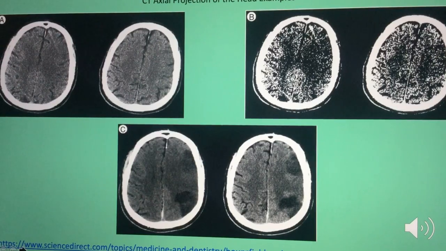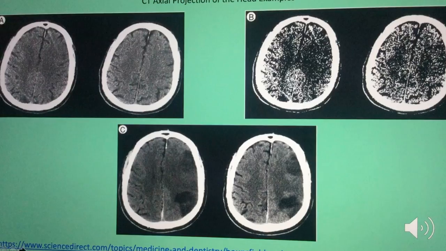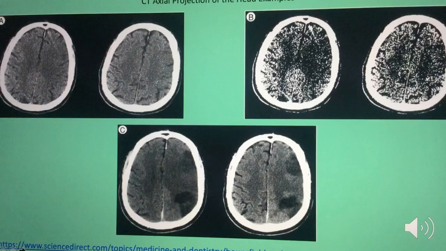In the second one, B, they have the same projection, but it's a low density with the left frontal bone. In this one, they changed the window width to enhance the bone and be able to see if there's any pathology on the bone.